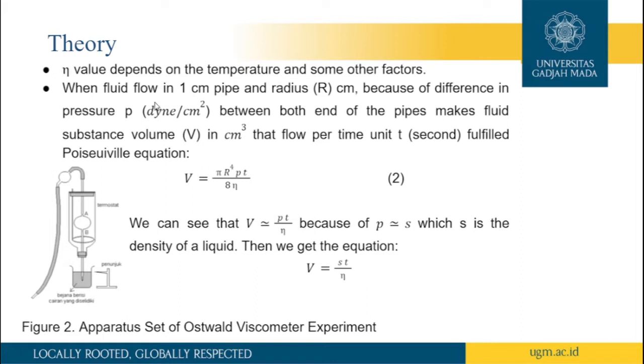When fluid flows in a pipe of length 1 cm and radius r, because of a difference in pressure P between both ends of the pipe, the volume of fluid that flows per time unit fulfills the Poiseuille equation, equation number 2.